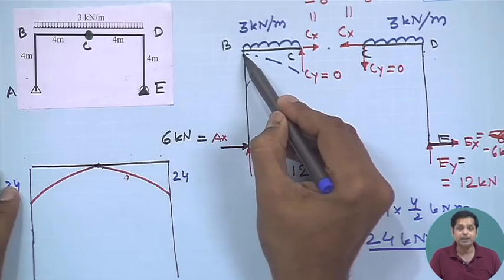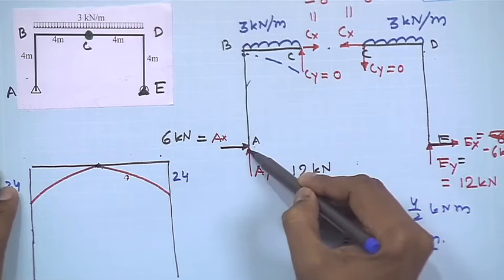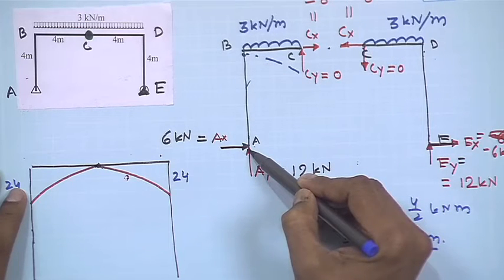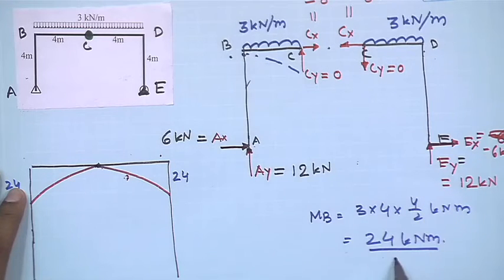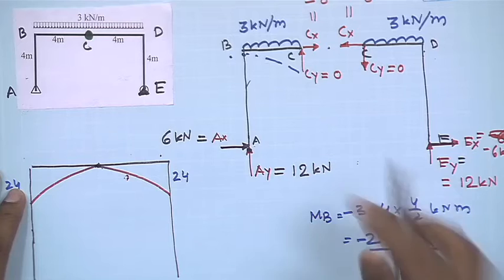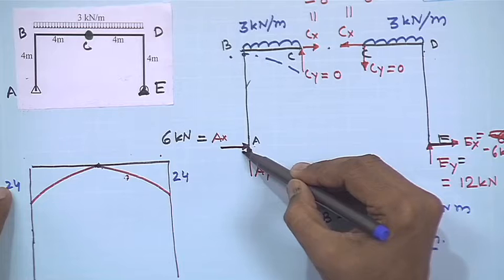Now at B, if we draw the free body diagram of part AB and apply the equilibrium condition, we see that MB is minus 24 kilonewton meter, which we already obtained, and between these two there is no other external load.